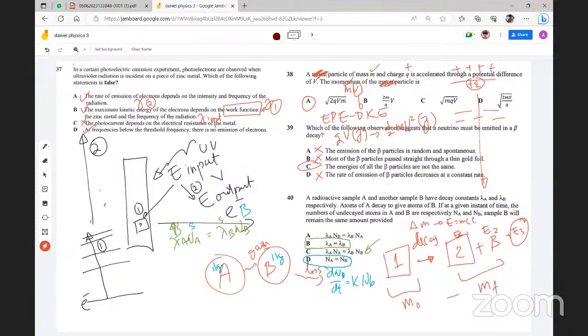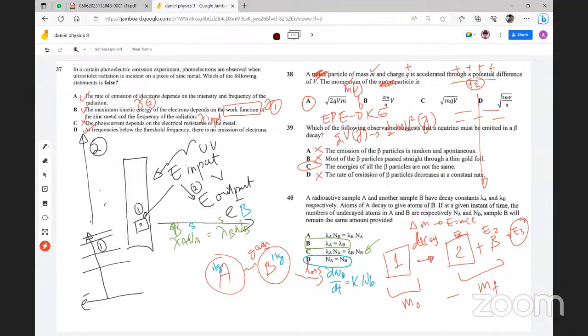Remove. Ionize. Yes, ionize. I hope that makes sense. So that's the first thing they use the energy for, to ionize.